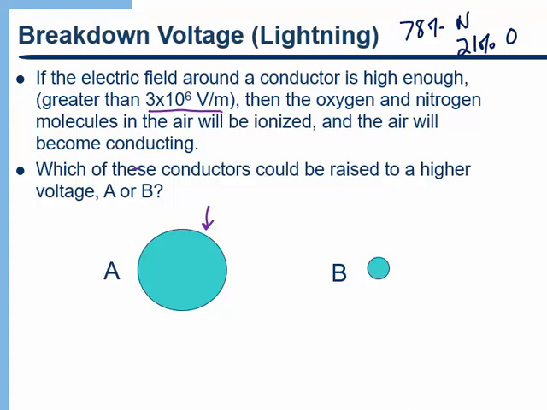So which conductor, a big conductor or a small conductor, could be raised to a higher voltage before I would start getting sparks, before the electric field would get that high? Think about that for a second, and then we'll talk about the answer.